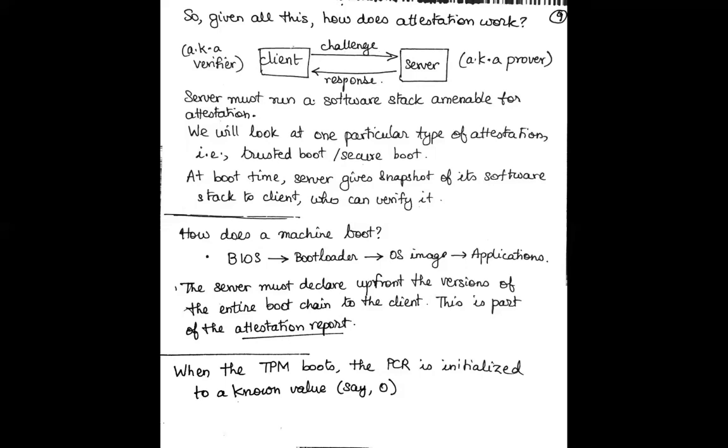Sometimes if you have a dual boot machine, you can choose which one you want to boot into. That's the bootloader. Then the bootloader loads up the operating system image and boots the kernel. The kernel in turn starts the applications. Of course, you, the end user, can interact with the OS and start many more applications, but the OS starts some default applications also.